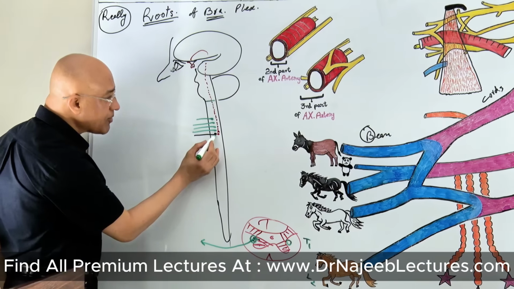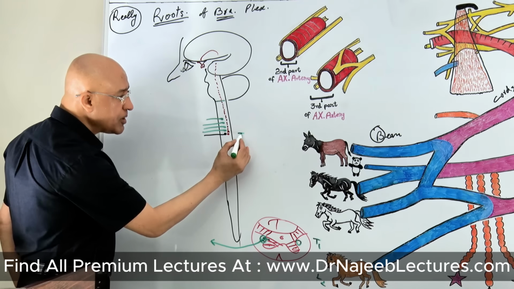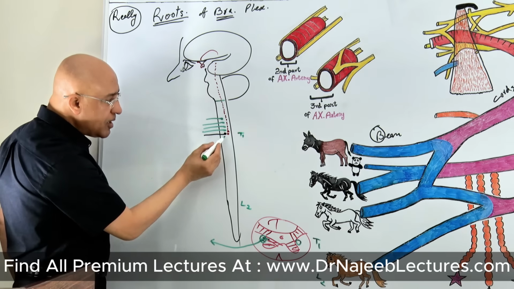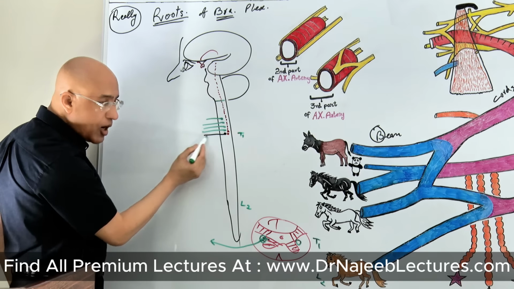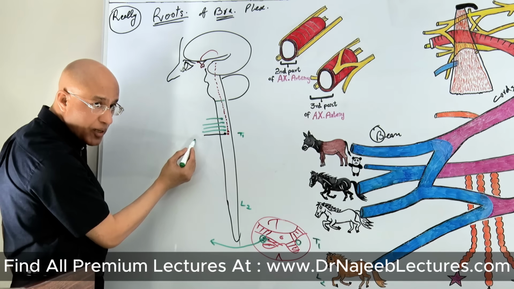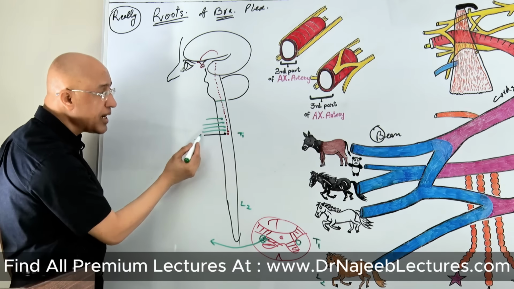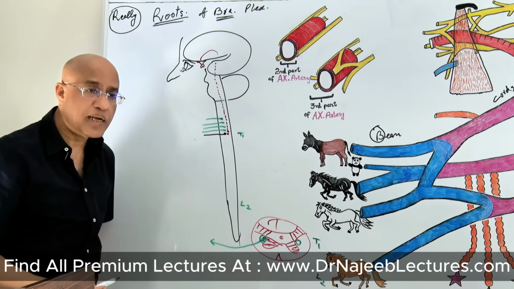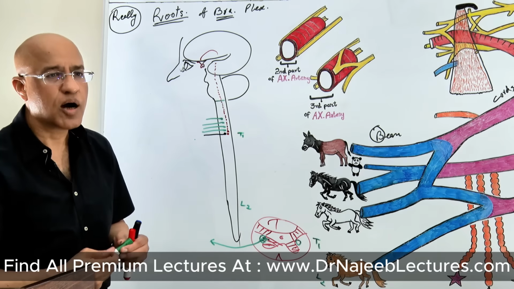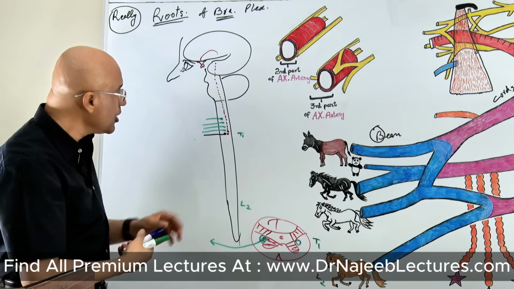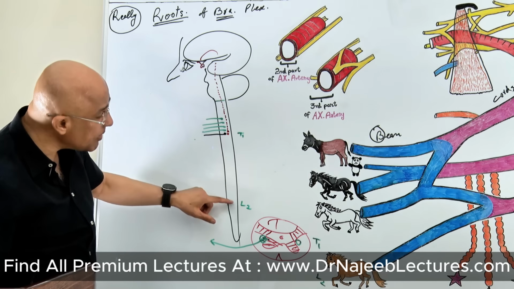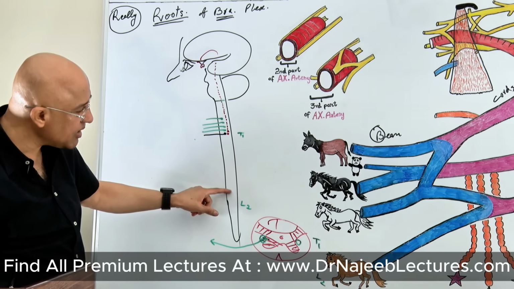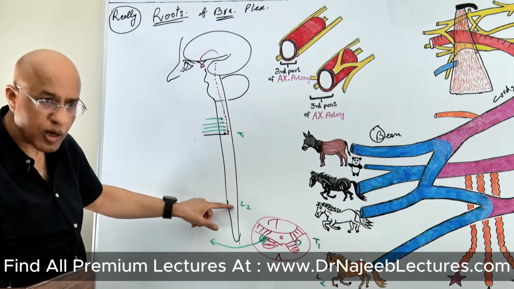So from T1 up to L2 or L3, the fibers which are going out are not only motor and sensory, but they are also sympathetic fibers. So spinal sympathetic outflow is called thoracolumbar outflow. What is this? From thoracic segments and upper lumbar segments.